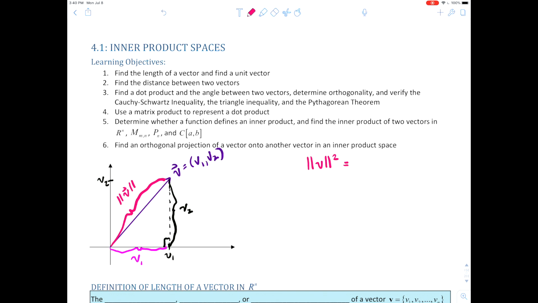Well, we'd have V1 squared plus V2 squared. Good so far? And the magnitude is indeed a length, and so we would just choose the positive root. So the magnitude of V would be the square root of the sum of the squares of the other sides of the triangle. Cool so far?